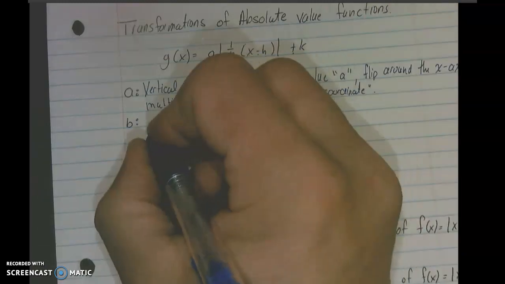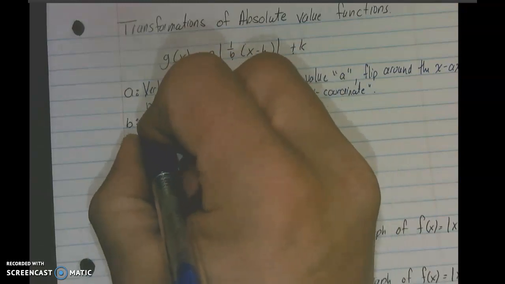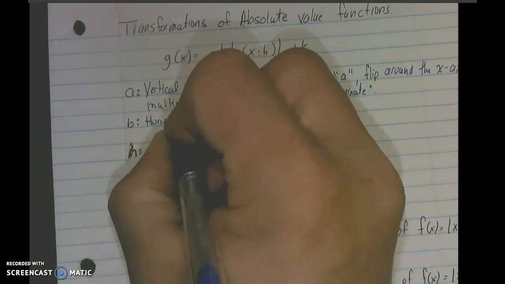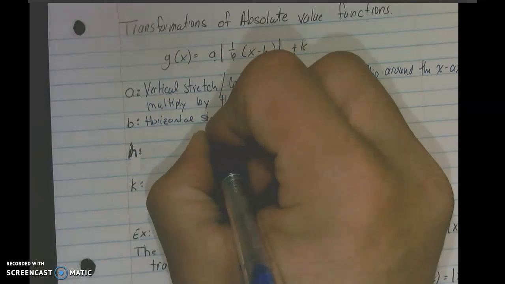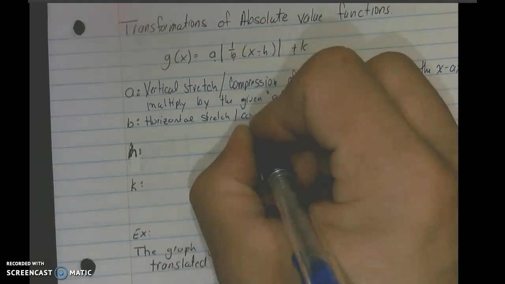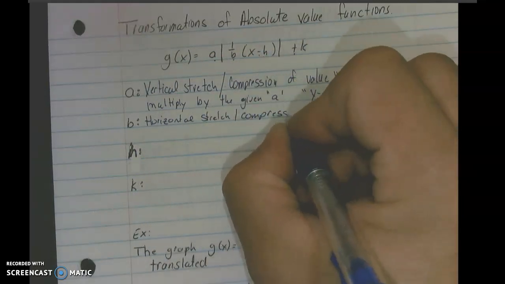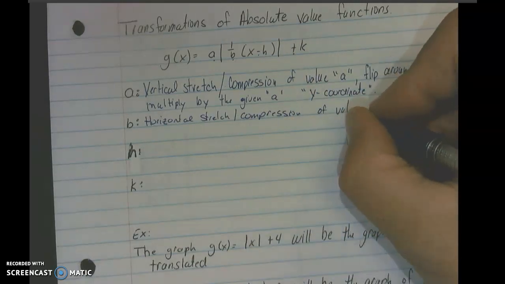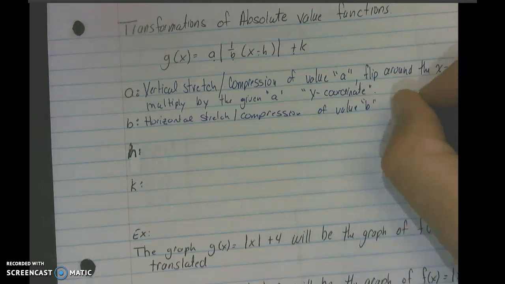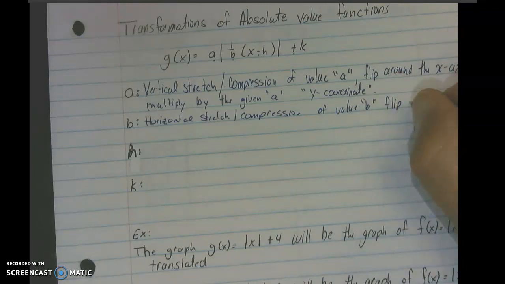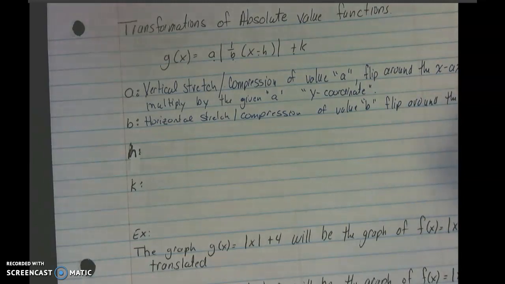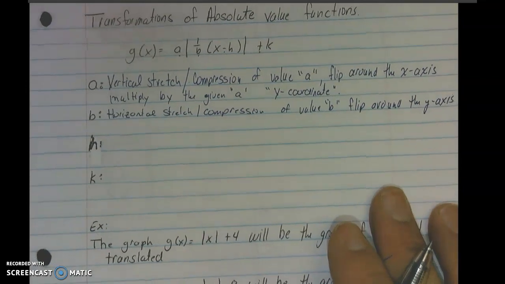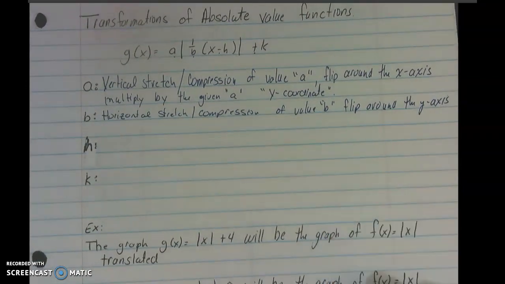Okay, B is the horizontal stretch slash compression of value B, and this is a flip around the y axis. Scoot that over so you guys can see. Okay.